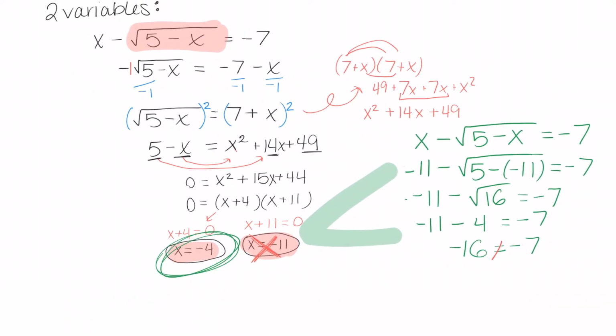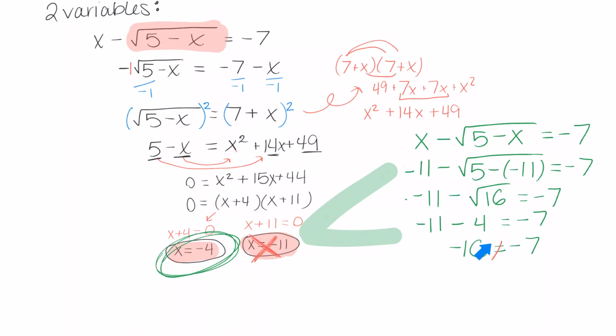And I know what you're thinking. Someone is very clever and they're saying, well, isn't the square root of 16 plus or minus 4, which would make this a negative 4, and then you'd have negative 11 plus 4. You're not wrong, except we only use primary square roots here, which means the positive.